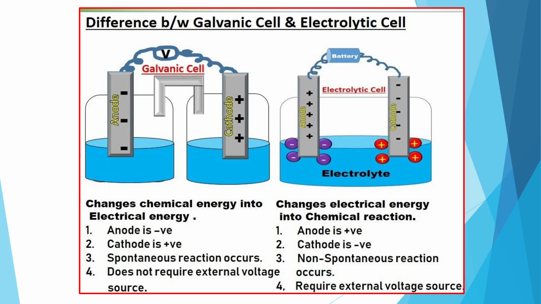Also, in a galvanic cell a spontaneous reaction occurs, and in an electrolytic cell a non-spontaneous reaction occurs. So as a spontaneous reaction is happening in a galvanic cell, it does not require an external voltage source. And for an electrolytic cell, as non-spontaneous reactions are happening, it requires an external voltage source.